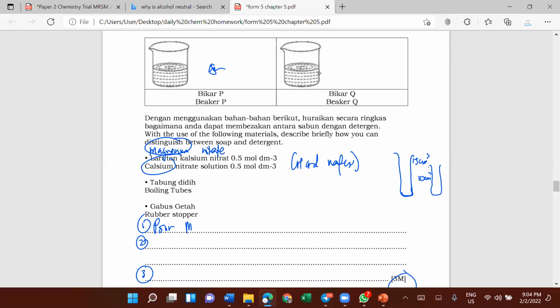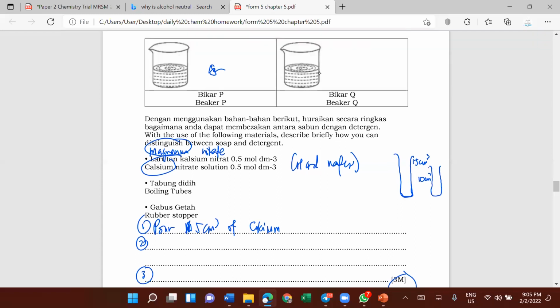Don't put so much, put less. Pour 5 cubic centimeters of calcium nitrate solution into boiling tube P and boiling tube Q.